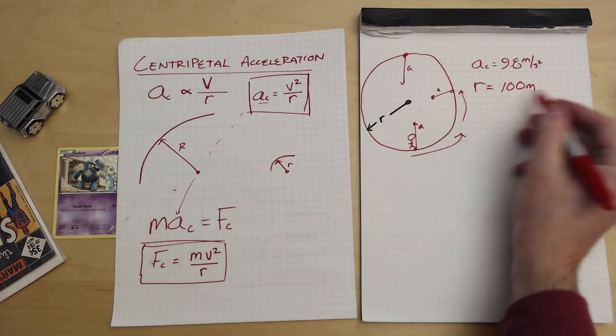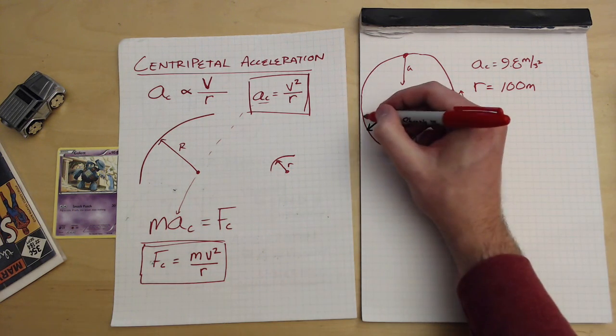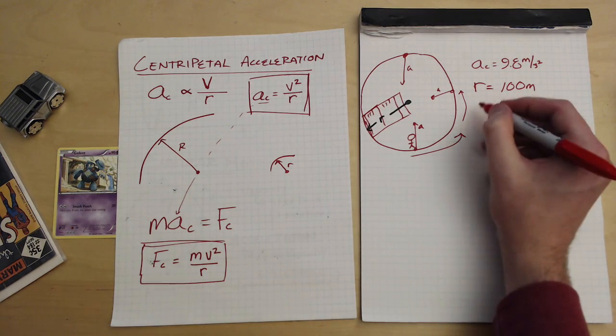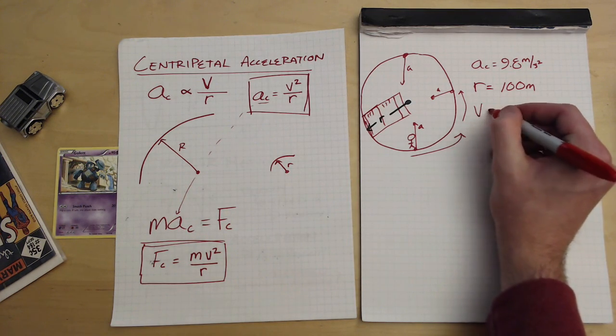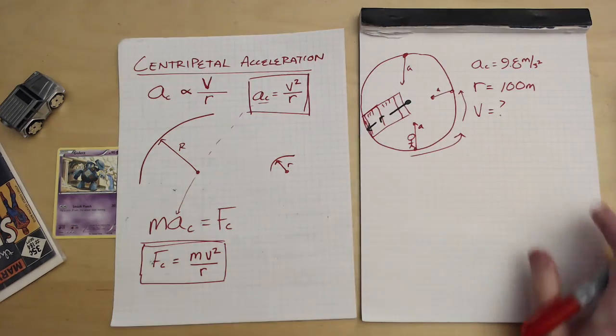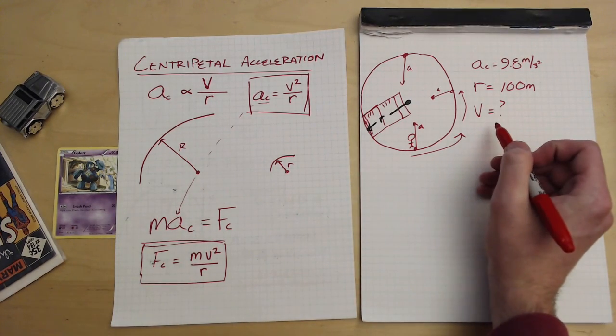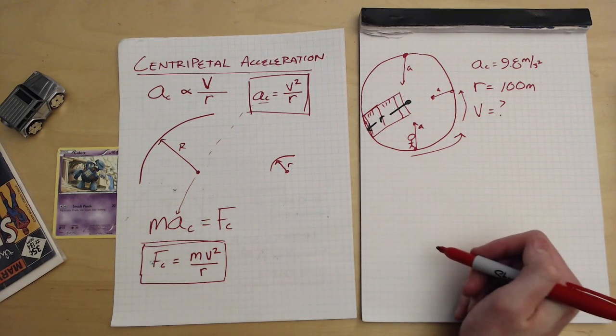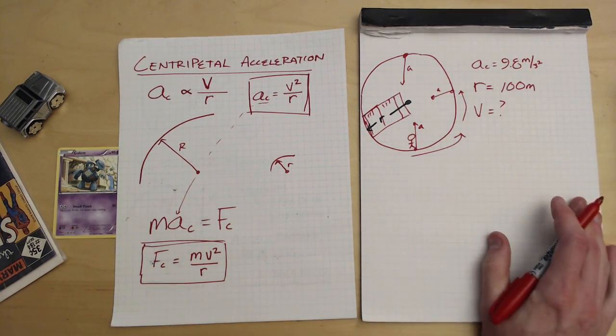So the radius is 100 meters, or 1 football field. And let's say we want to figure out what velocity do we need to spin our space station such that the centripetal acceleration that this person feels is an acceleration similar to that of Earth.